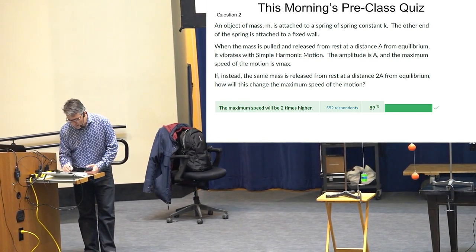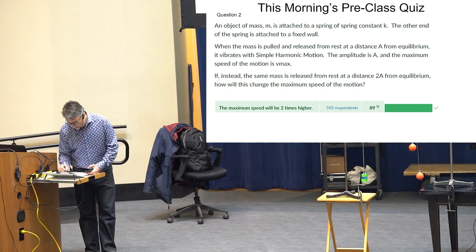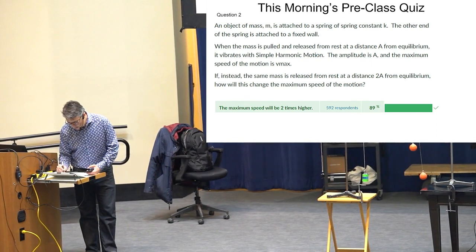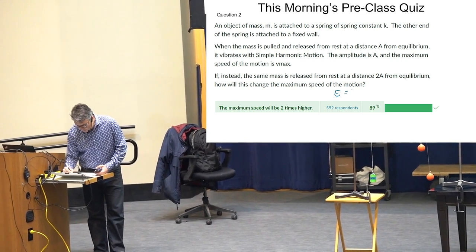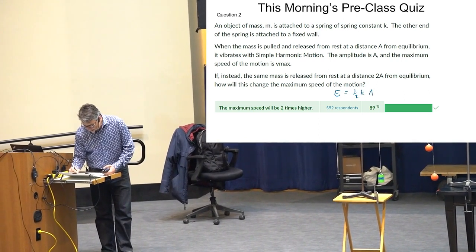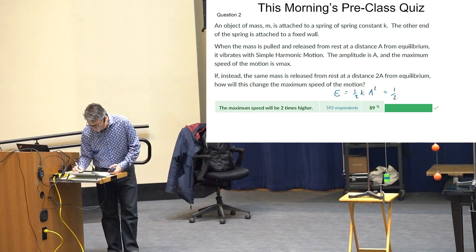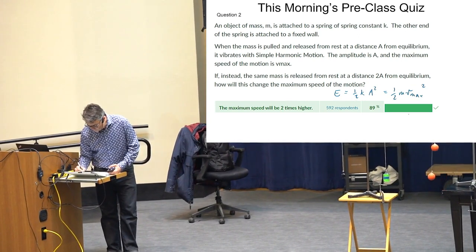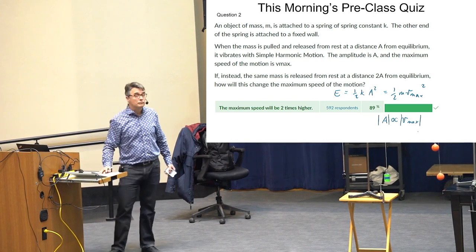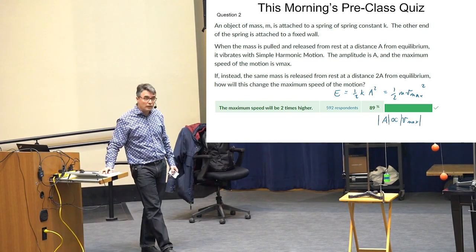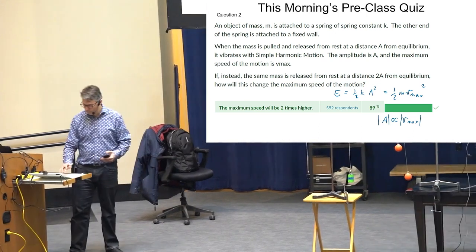If you release it at a from equilibrium, the energy E is equal to 1/2 k a squared, and it's also equal to 1/2 m v max squared. So a is proportional to v max, at least in absolute value, because their squares are proportional to each other.